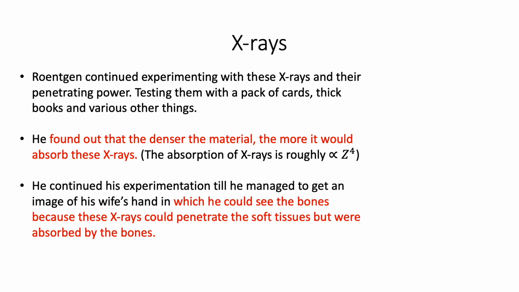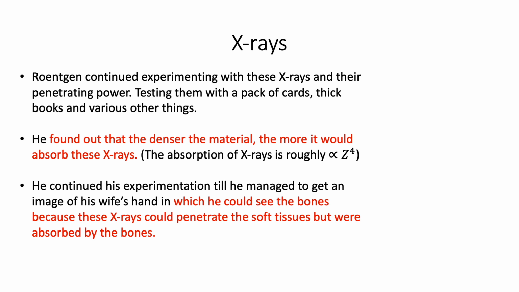He continued his experimentation till he managed to get an image of his wife's hand in which he could see the bones, because these X-rays could penetrate the soft tissues but were absorbed by the bones. Now, let's take a step back and try to think about why this happens. Well, if you consider bones, they are primarily made of calcium, which has an atomic number of 20.